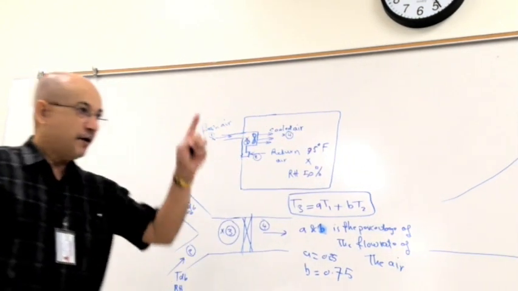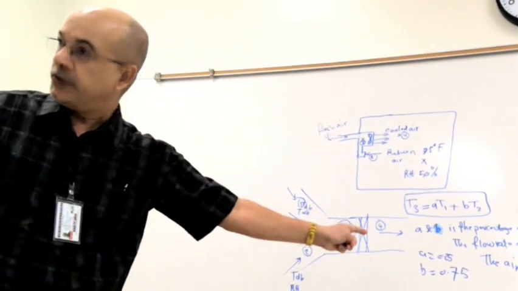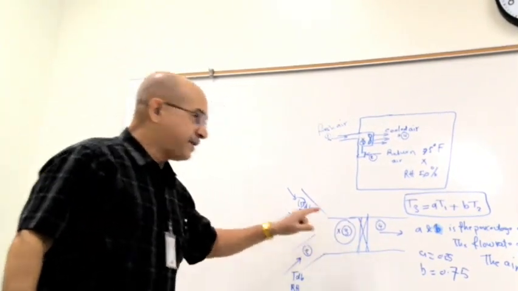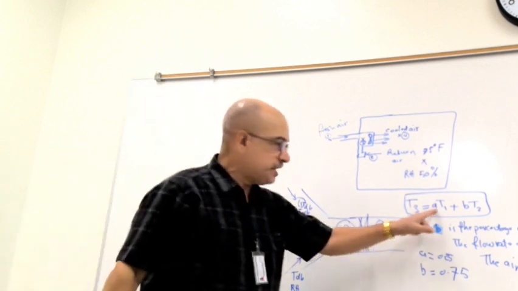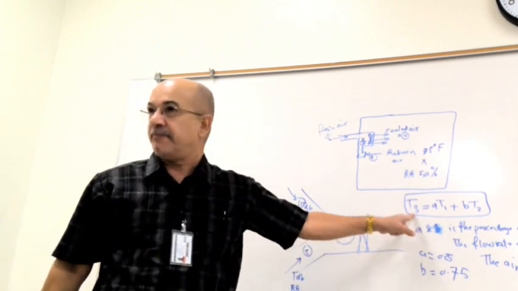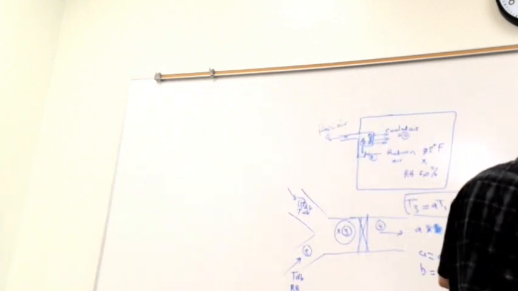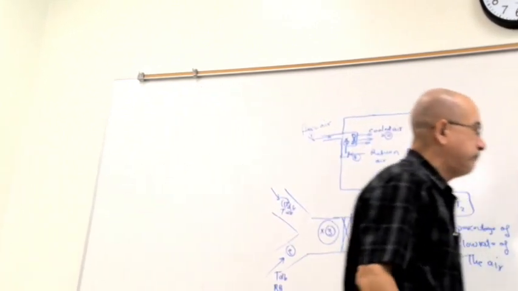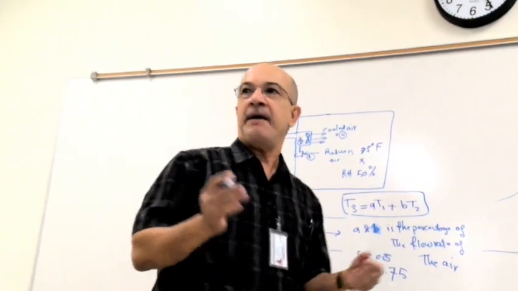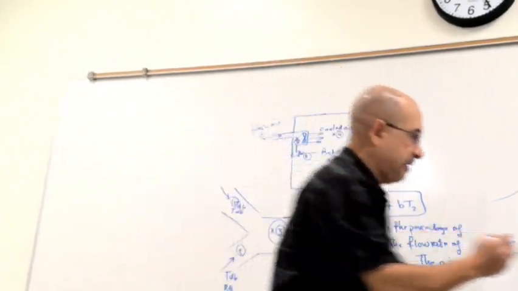We find 1, we find 2, then we need to find 3. We use this equation to find the T3 dry bulb temperature. Suppose we found something like 85, for example.